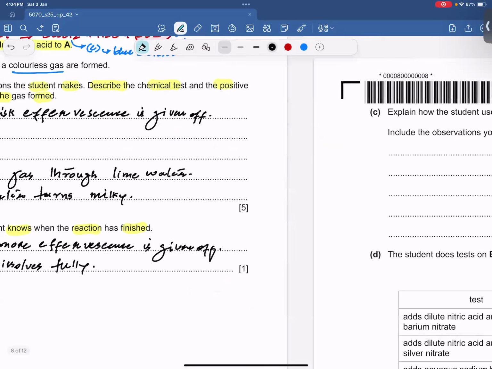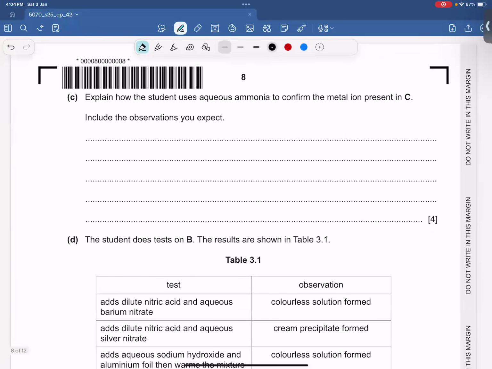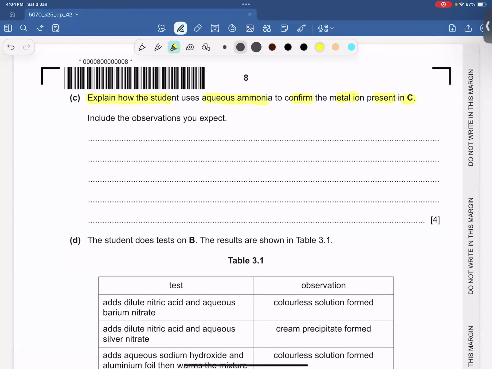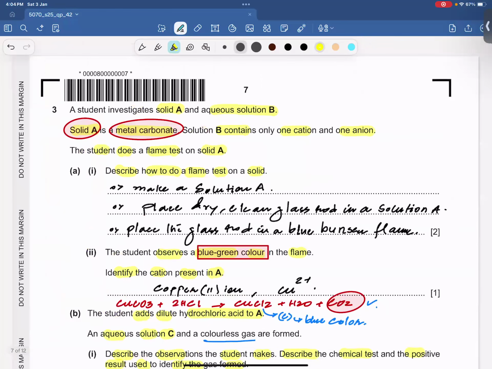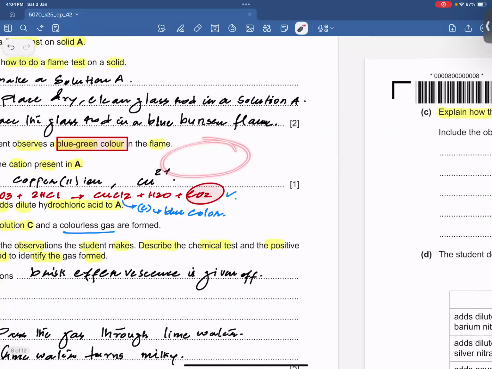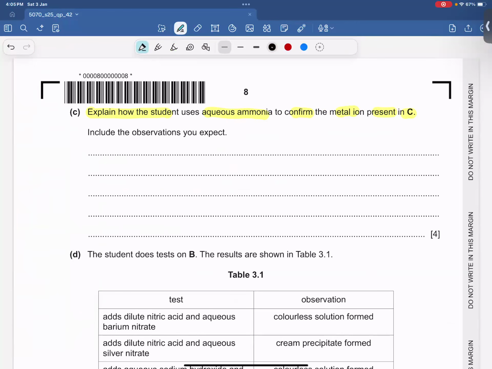Next is: explain how the student uses aqueous ammonia to confirm the metal ion present in C. So the examiner wants to test copper ions through ammonia. Include the observations you expect. Add a few drops of aqueous ammonia. Blue precipitates are formed.